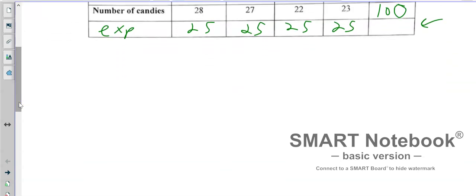And now you'll notice here, it does not have the box here with the steps, but you have examples in your notes of the steps. So we're first going to do the Ho and the Ha. And the Ho and the Ha for these are very easy. For the Ho, we just say the distribution has not changed.